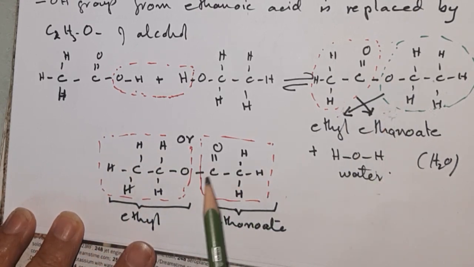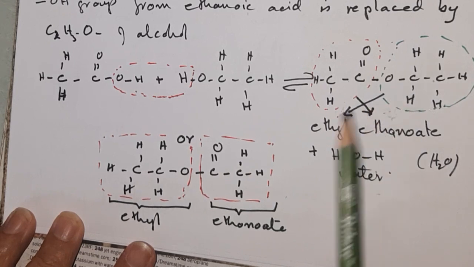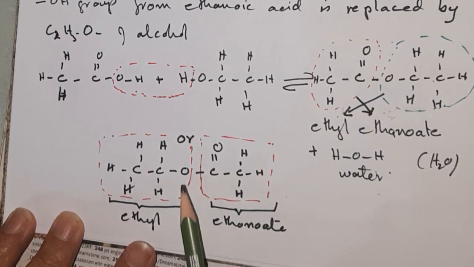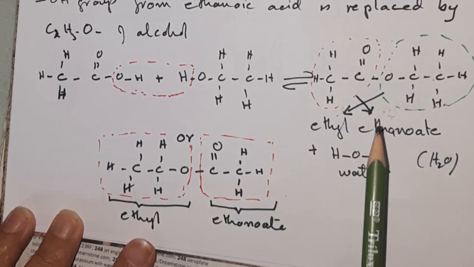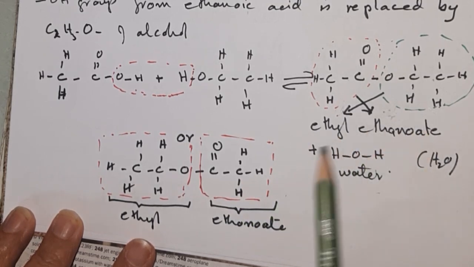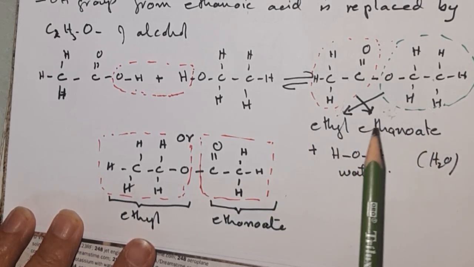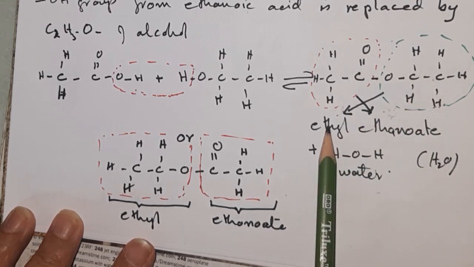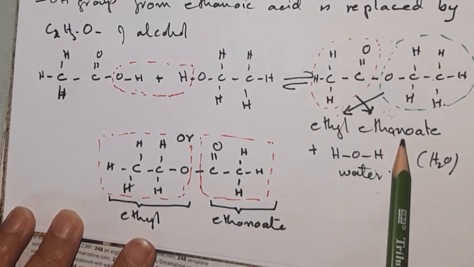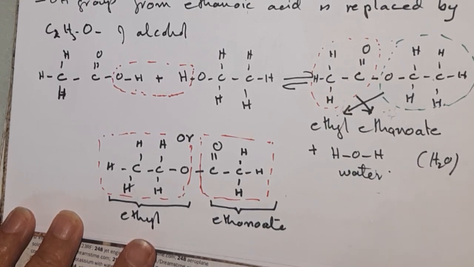Both are correct. But the thing which you have to remember is that the name of the ester is going to be such that first you write the name of the alcohol from which it is derived, and then the name of the carboxylic acid.